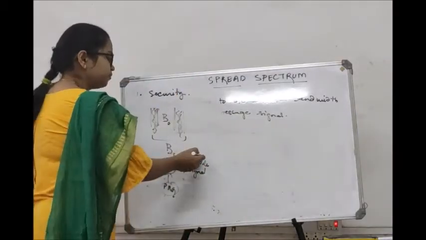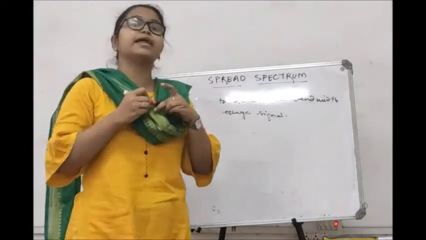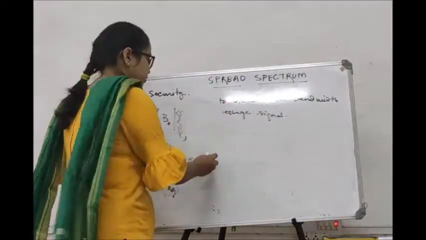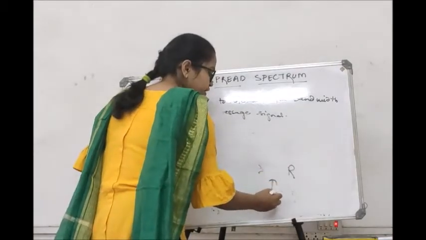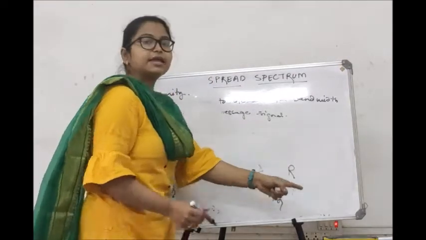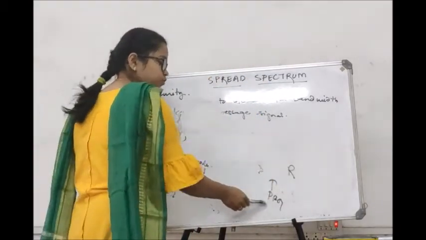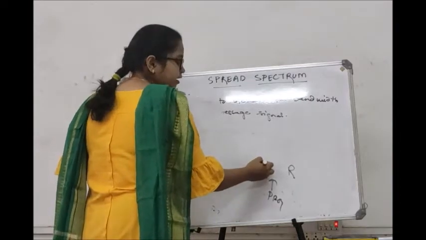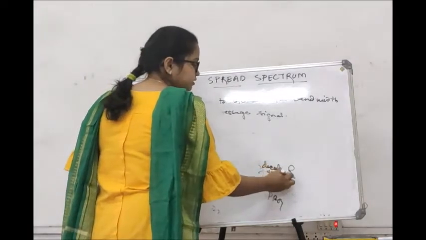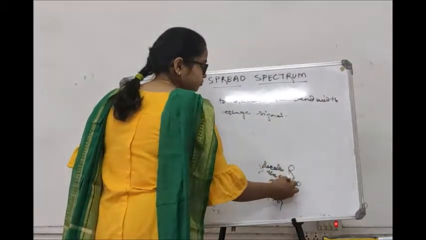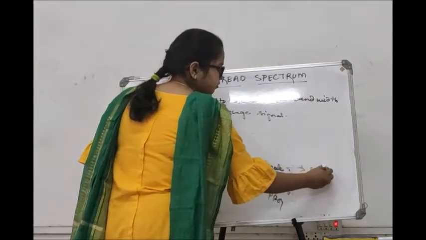So for that matter, if encoding is done, decoding cannot be done by any other third party. The receiver will only know how to apply the pseudo-random generator. It is like a key between the sender and receiver. So only the receiver knows the pseudo-random generator and it can decode the encoded signal and get the original signal.